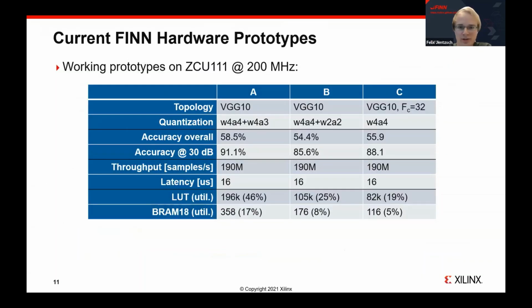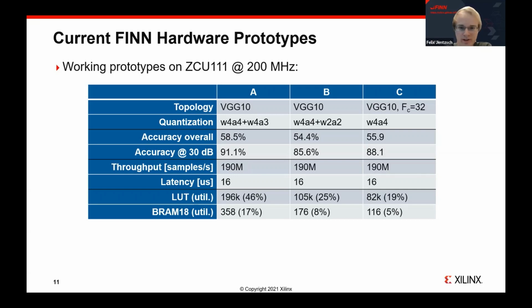And this table gives an overview of the resulting prototypes running on an RFSoC board, the ZU111, at 200 megahertz. Implementation A is the mixed 4-bit and 3-bit model with the highest accuracy and cost, B is the low precision variant of that, and C is then the smaller 4-bit network.